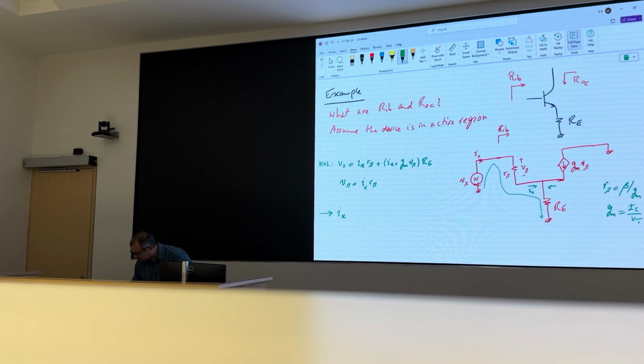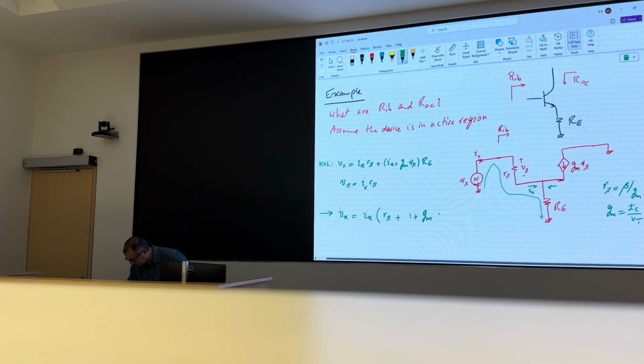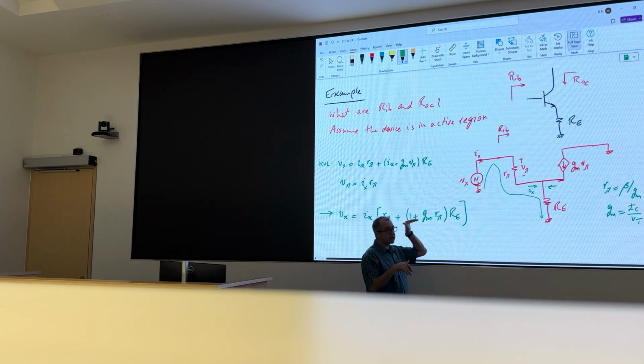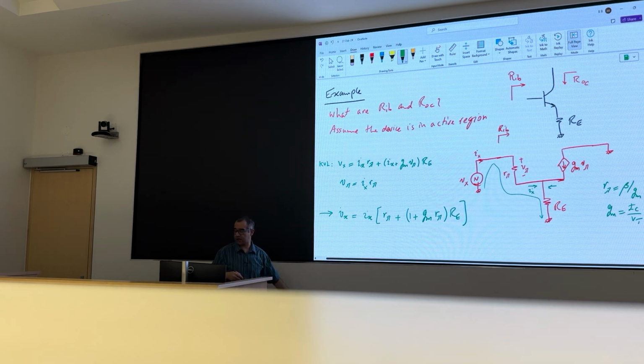Actually, I'm not interested in Ix. I want R_IB. You can just write it as Vx and Ix. So Vx is now equal to Ix times R pi plus 1 plus gm R pi times R_E. R_IB, the impedance when I look into that base, is the ratio of these two, Vx to Ix.